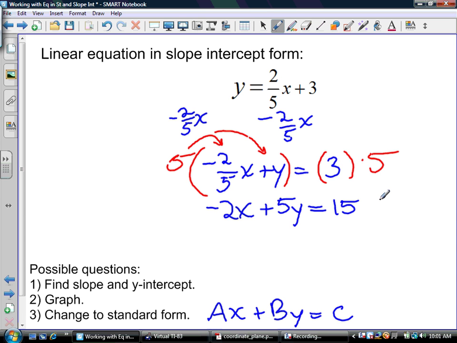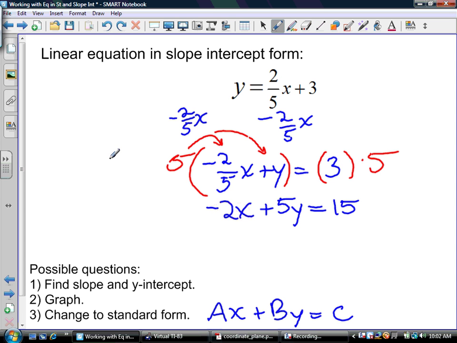To find the y-intercept from this equation that is already in standard form, all we need to do is basically get rid of the x's. 5y equals 15, y equals 3, if x equals 0.